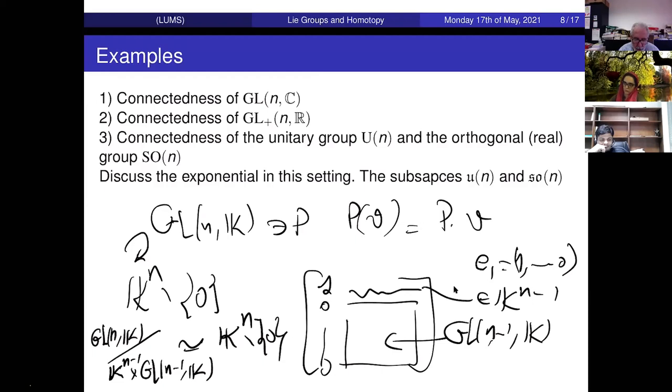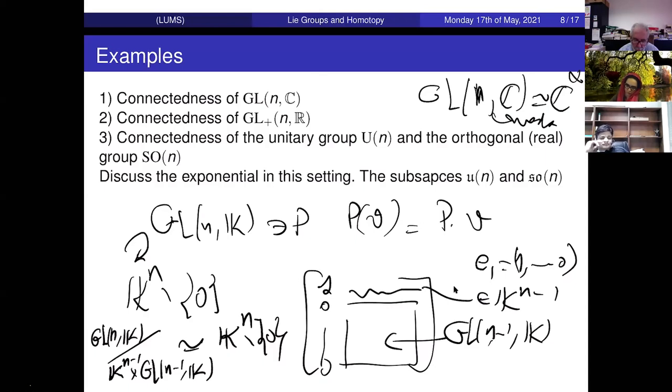So you see, if we make an induction, knowing that GL1(C), which is C star, is connected, we can get that the quotient here is connected.